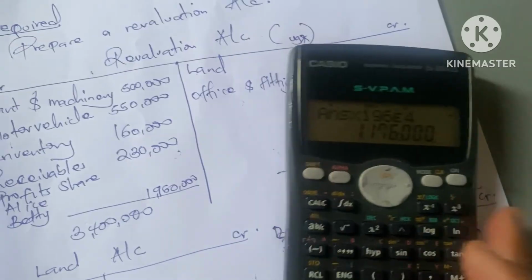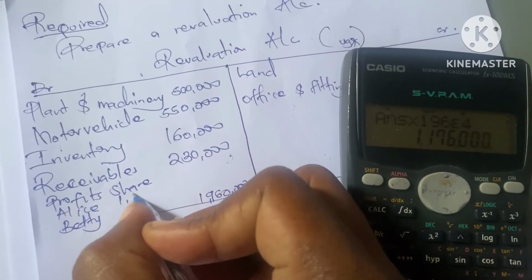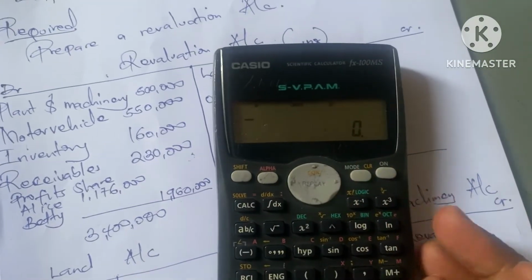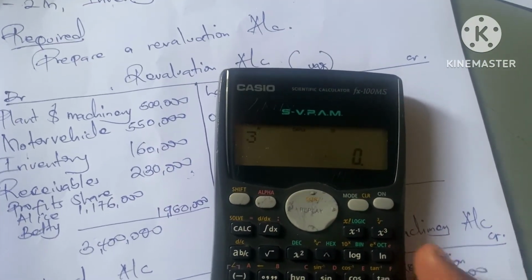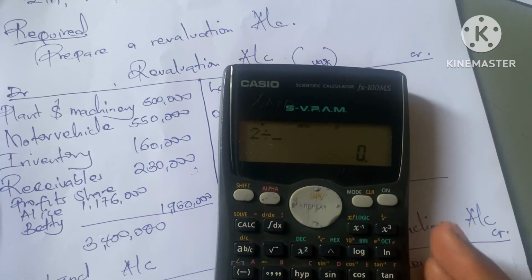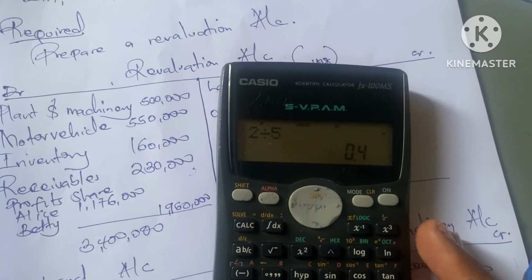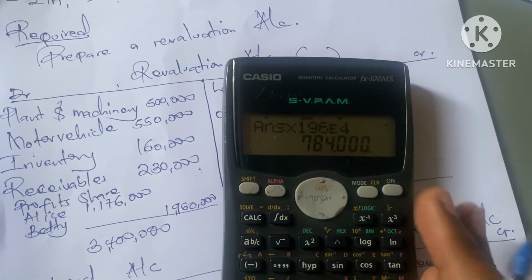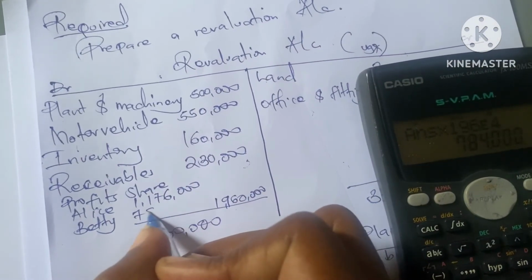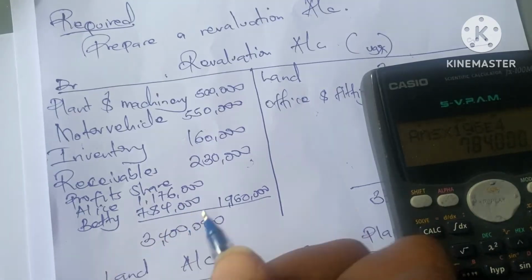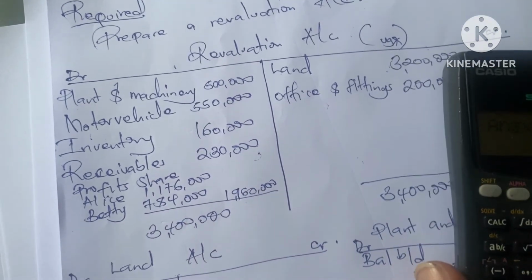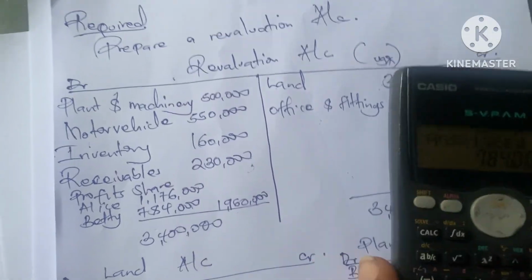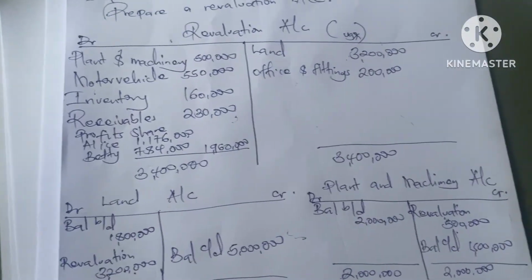So it's 1176, like that. Then for Betty, it's going to be 2 out of 5 times, 708, like that. And those are the profits shared. When you add this plus this, you get that. So that is the revaluation account.